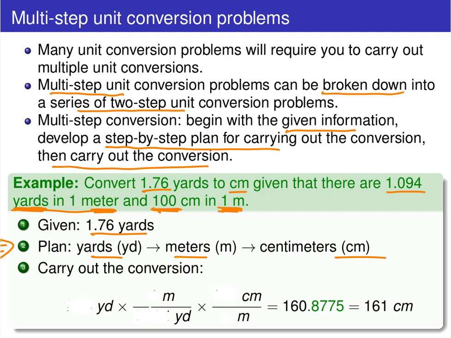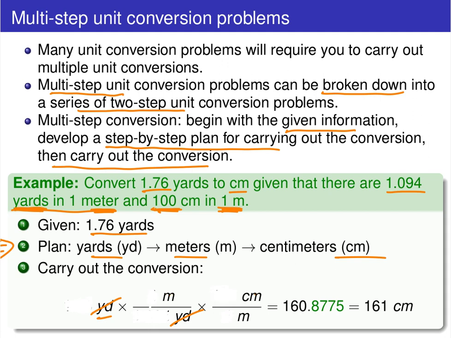Okay, so I'll completely block out those numbers because I want you to just focus in on those units. So we're starting off in yards, okay, and we want to convert from yards to meters, which means we're going to multiply by a conversion factor that is going to cancel out yards. So yards needs to be in the denominator and meters will be in the numerator.